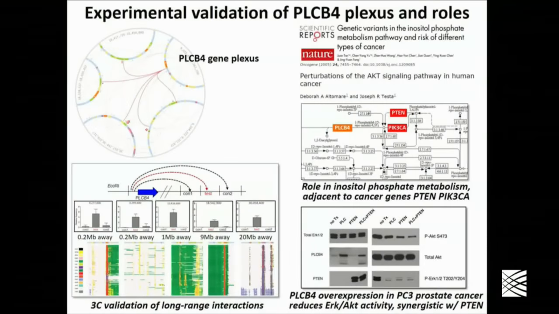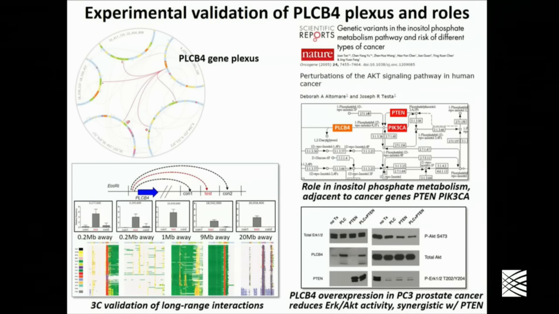And what we found is that the region specifically interacted using 3C tests in every single one of these cases. These are the annotations of these regions. And this gene is in fact falling in the same pathway as PTEN, one of these hallmarks of prostate cancer. And what's really interesting is that it actually acts in the same synergistic level.